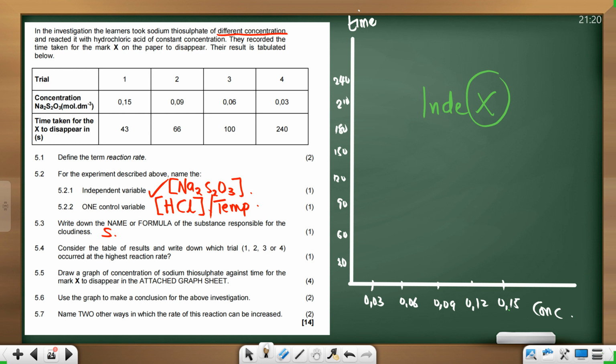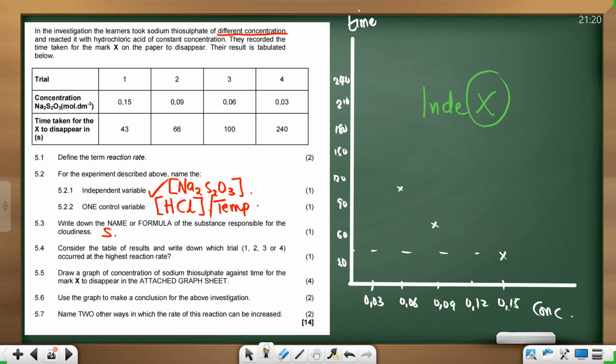All right, what do we have? Just want to sketch this. Time is flying. 0.15 and 43. Somewhere there, 43. Okay, it's a sketch, guys. 0.09 and 66, somewhere there. All right, 0.06 and 100.